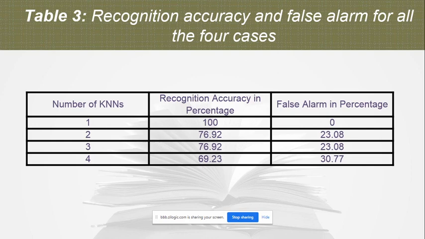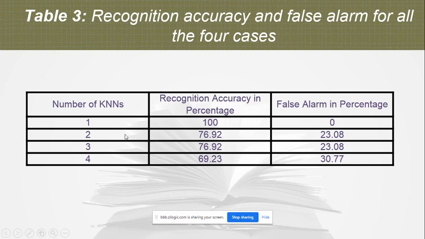So here I am using the K nearest neighbor classifier, a machine learning algorithm. If the number of neighbors equals 1, I am getting 100% result, and false alarm, that's the misclassification, equal to 0. If the number of neighbors equals 2, I am getting 76.92%, and false alarm equal to 23.08%.